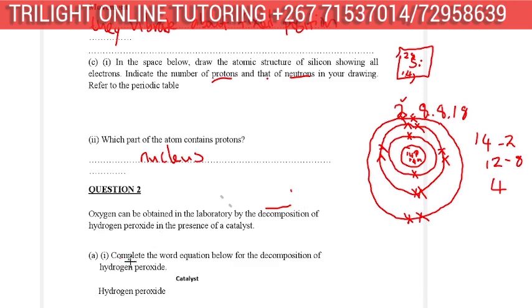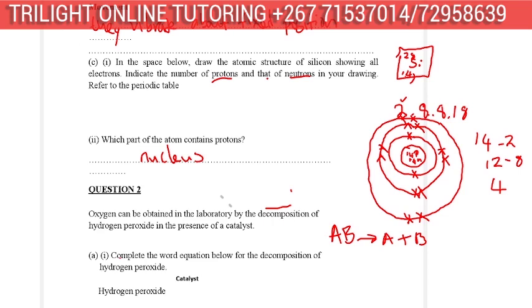Now they say complete the word equation below for the decomposition of hydrogen peroxide. So we are having hydrogen peroxide. Remember, when we decompose, let's say we have AB, we're going to have our products A plus B.